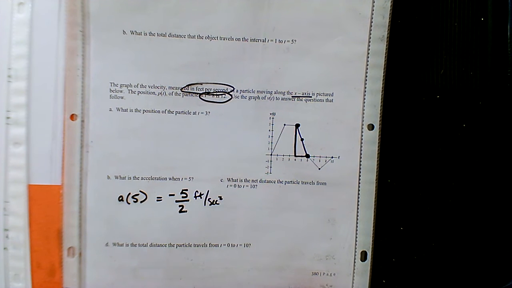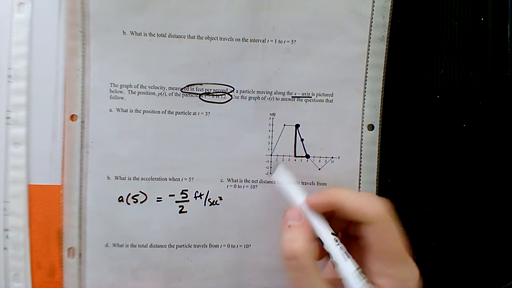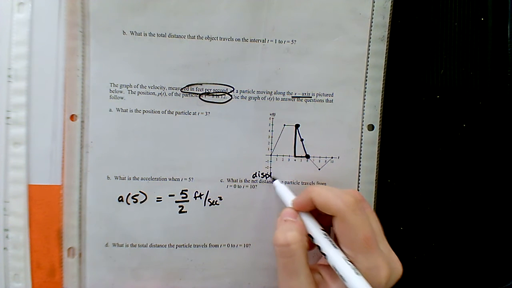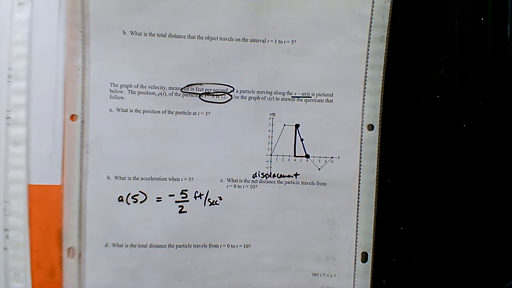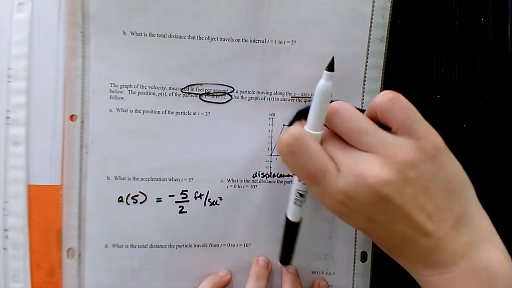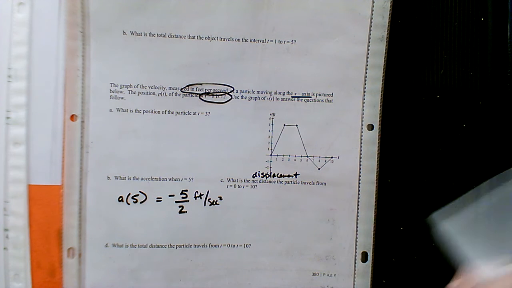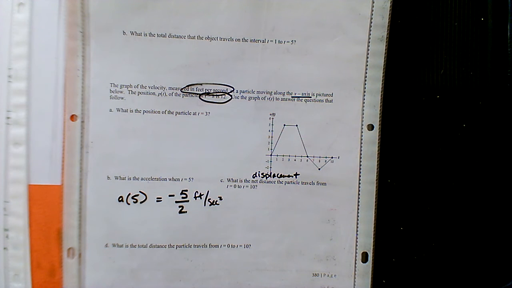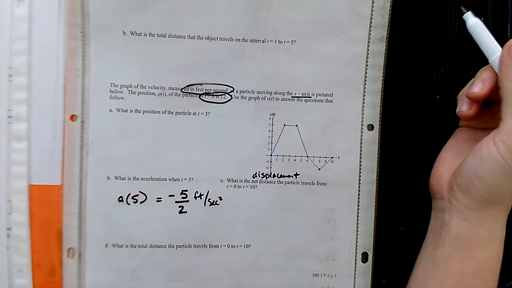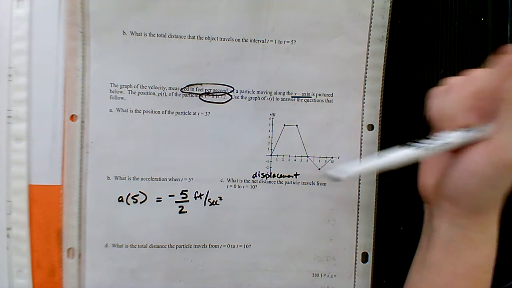All right, what about C? What is the net distance, aka displacement, of the particle from 0 to 10? So they give us velocity, but they're asking us essentially about a position change. So can we think about what we have to analyze about this graph to help us get there?